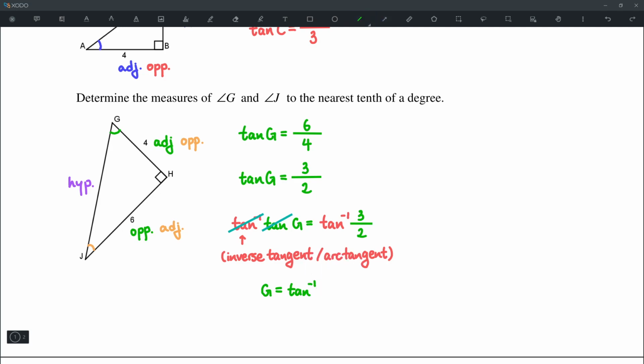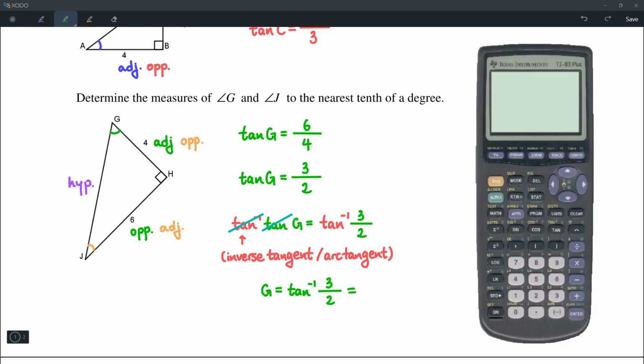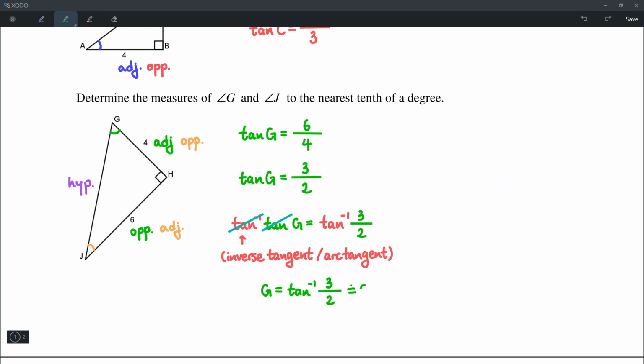For that, we can use a calculator. Here we go. Just going to go ahead and use arctangent, or inverse tangent, of 3/2, and we'll get 56.31 degrees, approximately. We're going to round to 56.31 degrees.